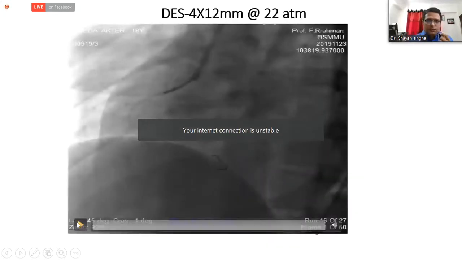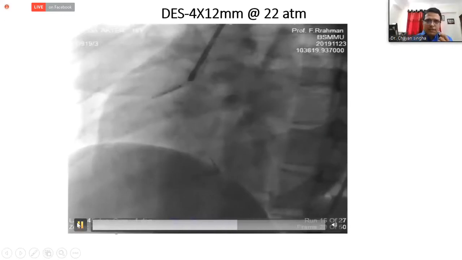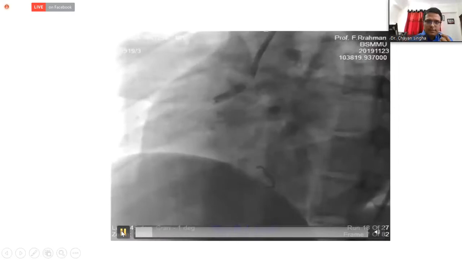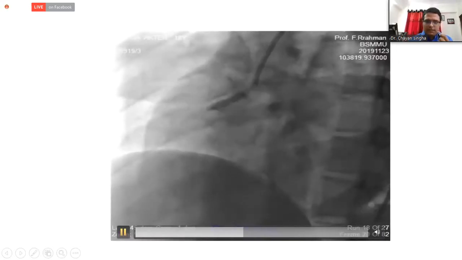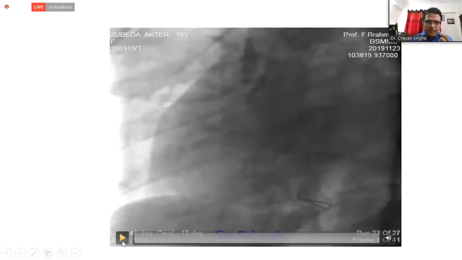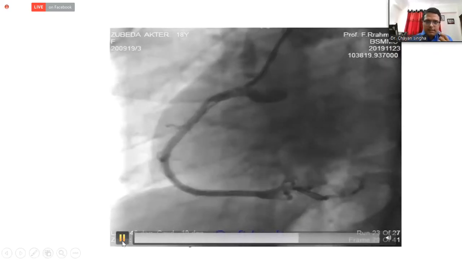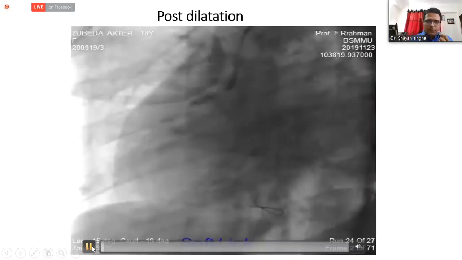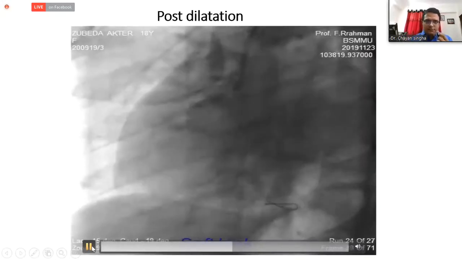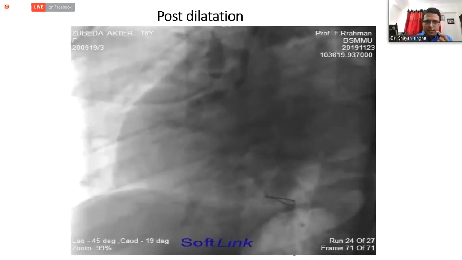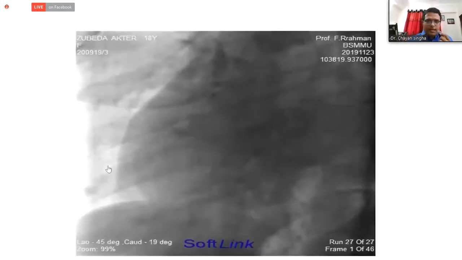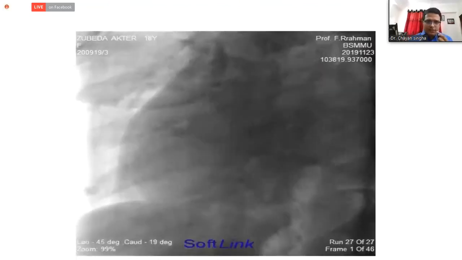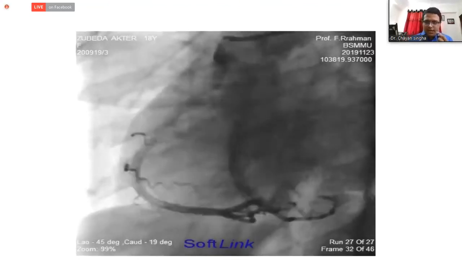Then we deployed a 4 by 12 millimeter drug-eluting stent, and this is the image showing the stent deployment in the proximal part, and this is the result of the stent deployment. Then we proceeded for post-dilatation with a 4.5 by 8 millimeter NC balloon, and this is the final result, showing good TIMI 3 flow and good myocardial blush.